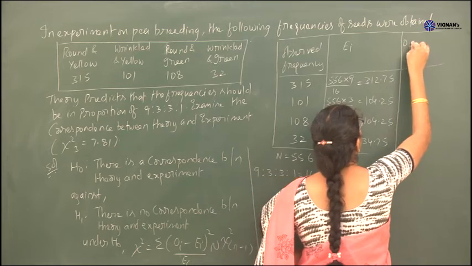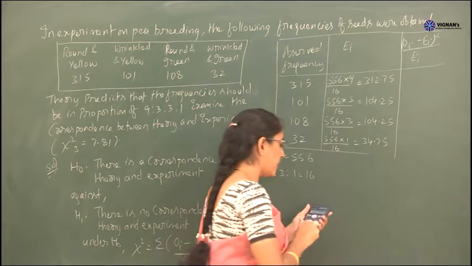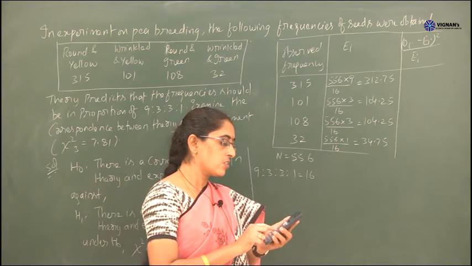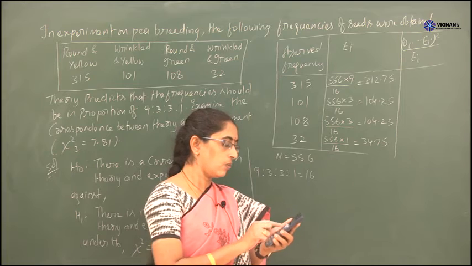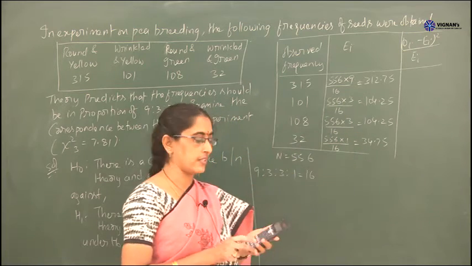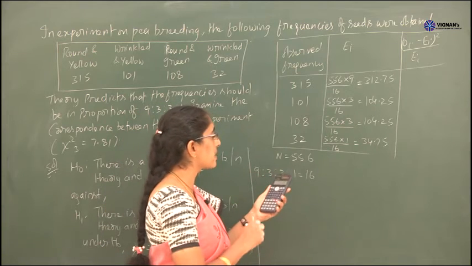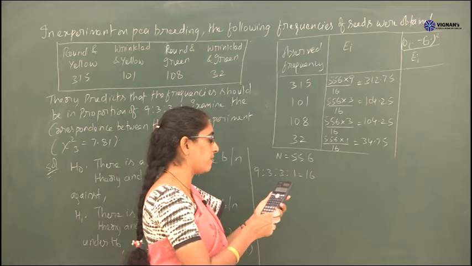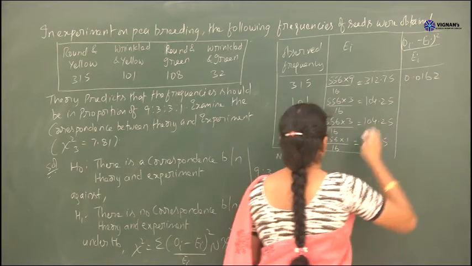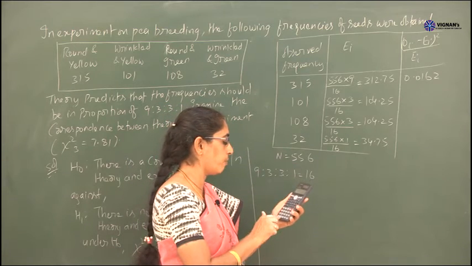Now (observed minus expected) whole square by expected. Again we use the equation (x minus y) whole square divided by y, where x means observed and y means expected frequencies. First observation is 315 and y is 312.75. So it is 0.0162. Next, x is 101 and y is 104.25.